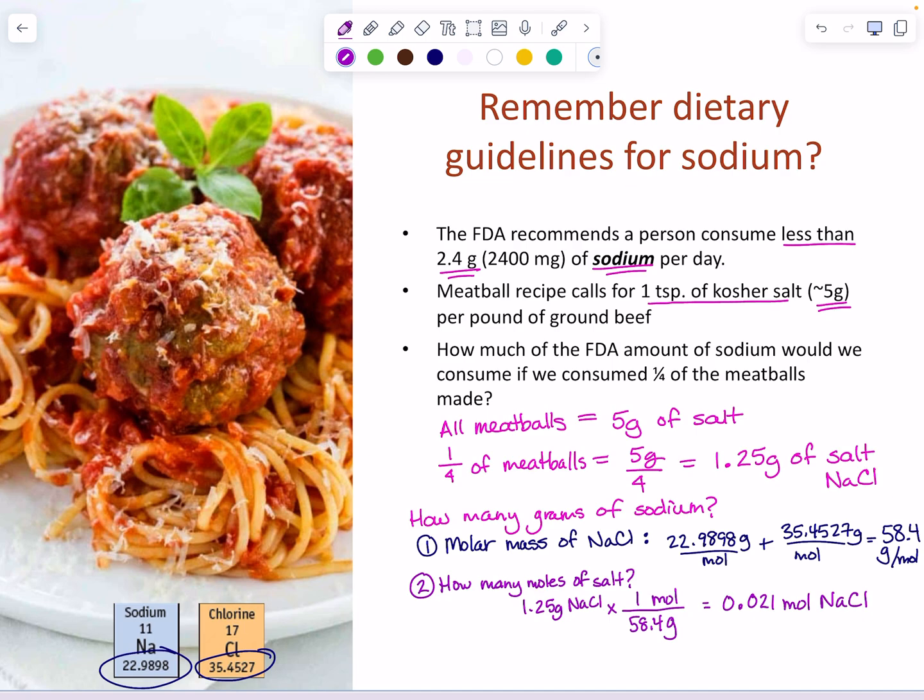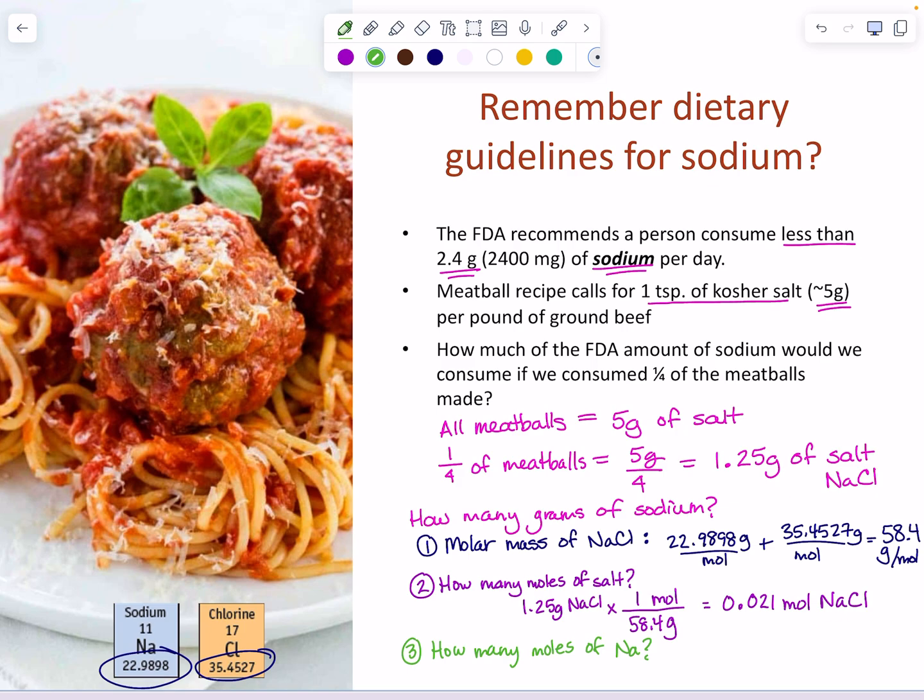If I put it into moles, I'm now in objects, so I know how many objects I have. Okay, and so now, next thing we're going to do is, how many moles of sodium is there.